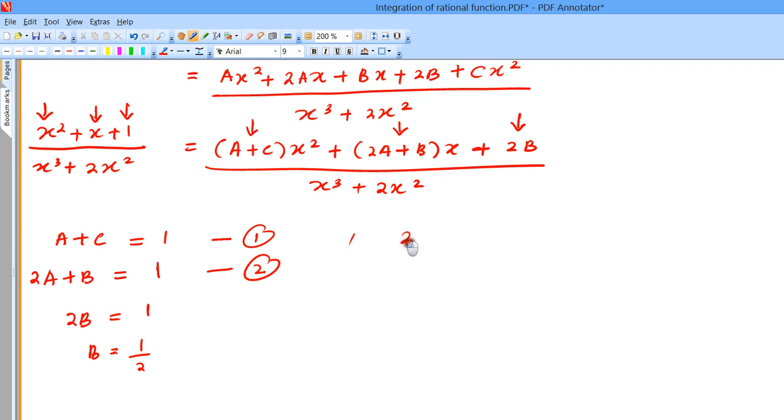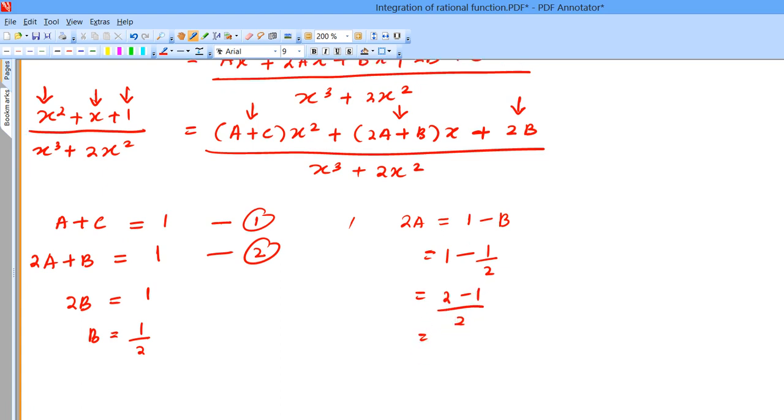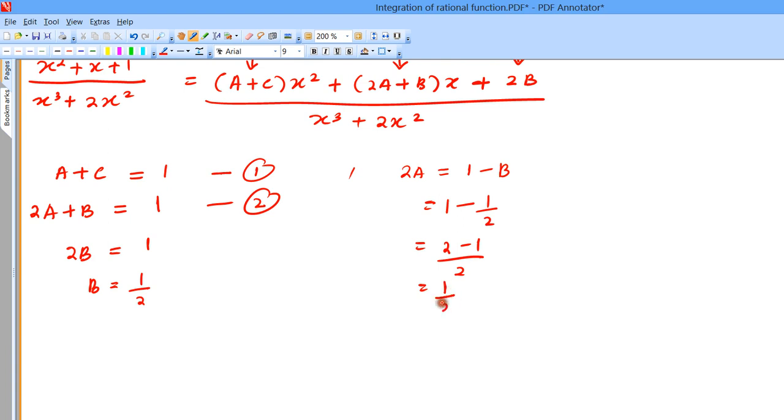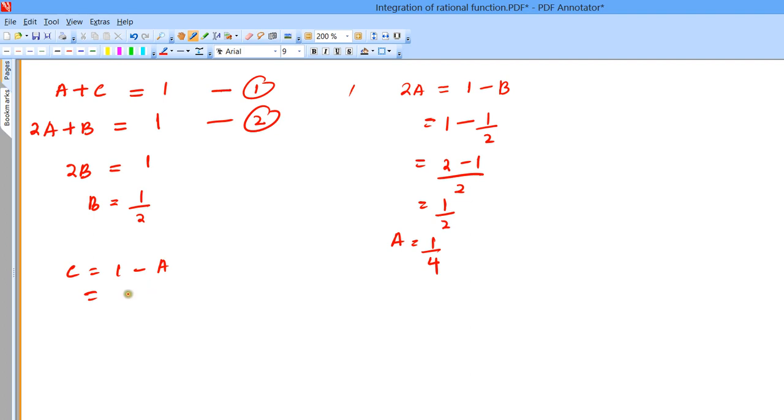So we have 2A equal to 1 minus B, equal to 1 minus 1/2, equal to 1/2. So A equals 1/4. And then C equals 1 minus A, equal to 1 minus 1/4, equal to 3/4.